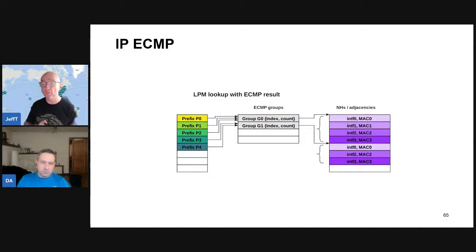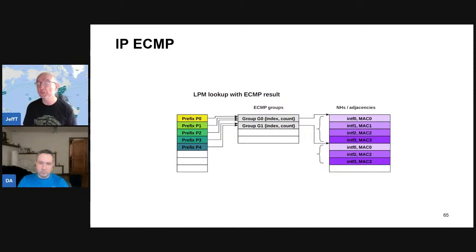At least on Broadcom silicon, the SDK allows you to provide resolution. This goes exactly to what Dima described. You don't want the number of next hops to be the same as the number of weights. So, I mean, it's on the SDK level.